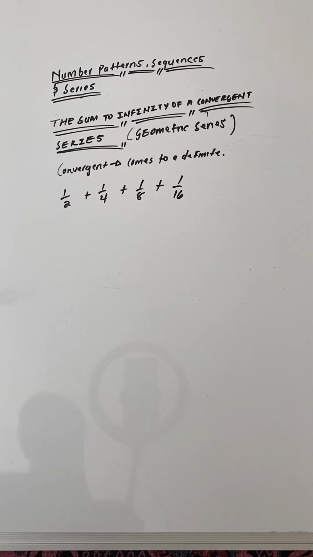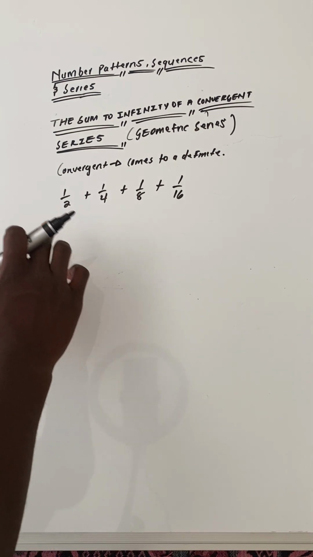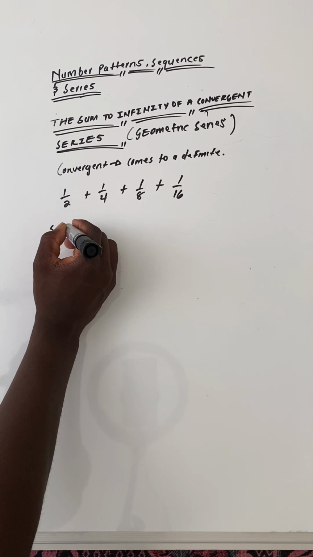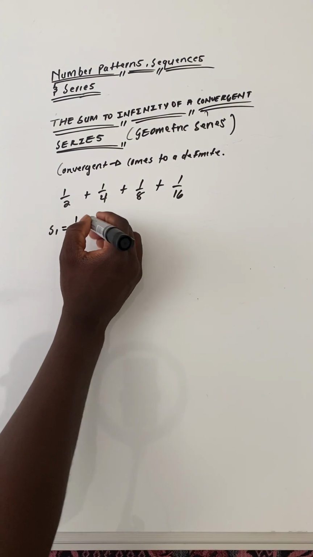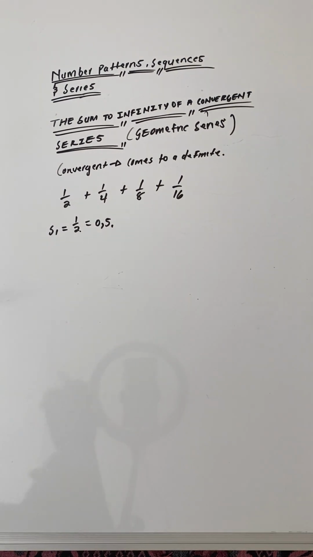Let's calculate the sum of the first term here. That would be equal to 1 over 2, which is equal to 0.5. That is still simple as yet.